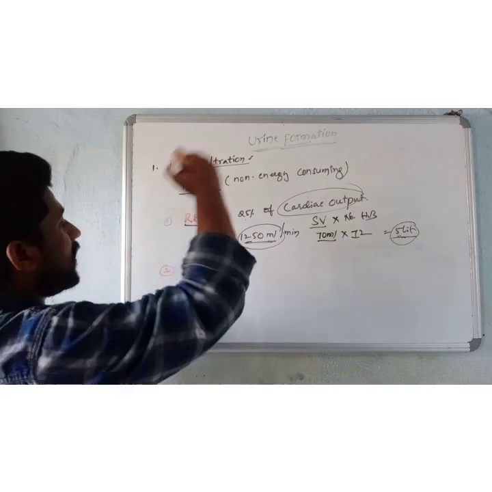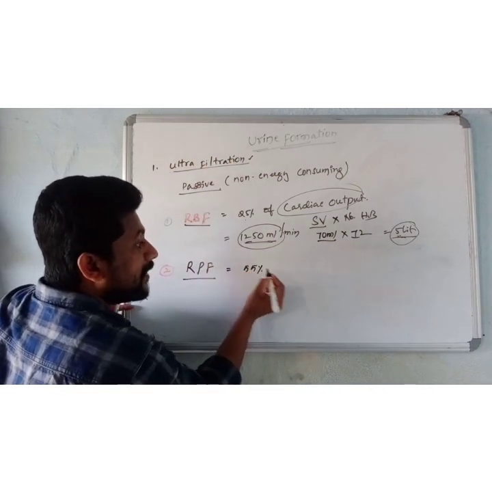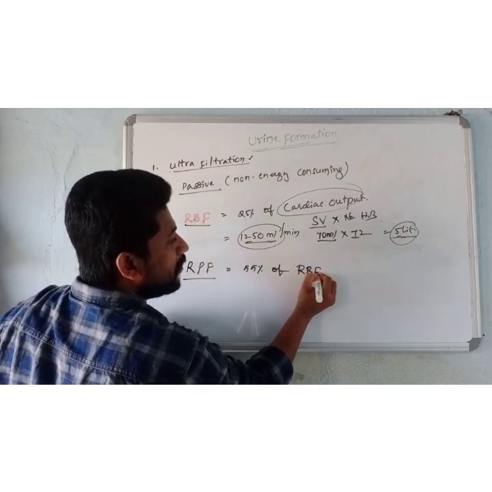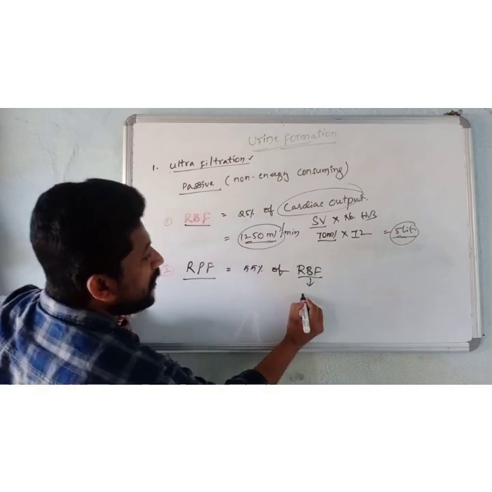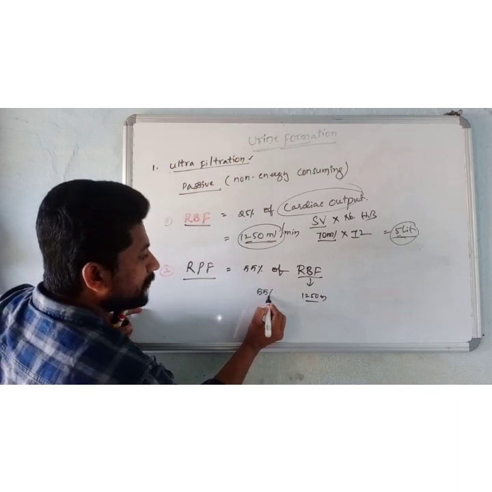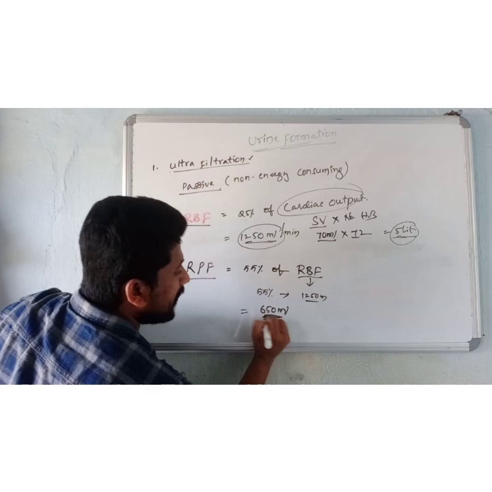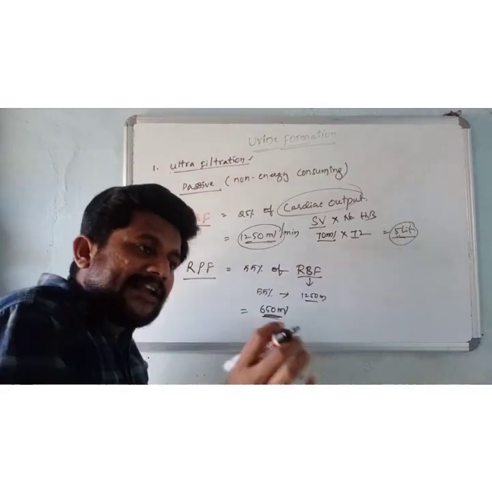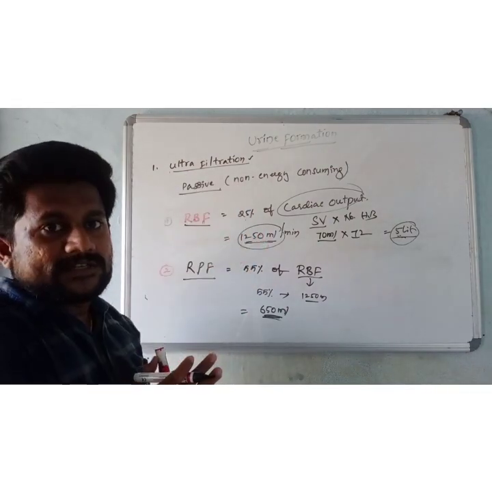So renal plasma flow is 55% of RBF, the renal blood flow. The RBF is 1250, and 55% of that is nearly 650 ml. So 650 ml of plasma enters our glomerulus.